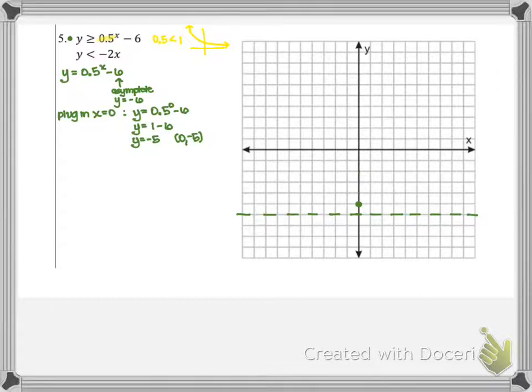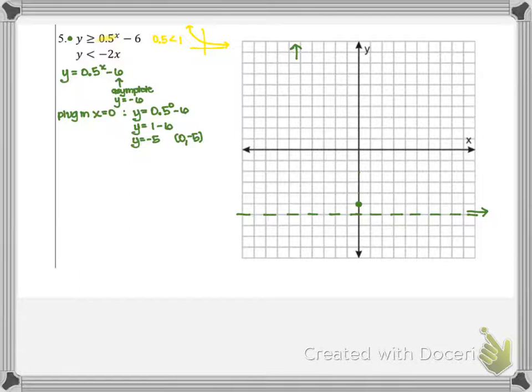So I'm at my graph now. I'm going to start up on the left and I'm going to hug on the right. And I'm going to have that nice exponential curve. Now, I'm not going to pay attention right now to whether it's solid or dashed because I can always go back and erase chunks of it. So I'll look at the inequality in just a minute.